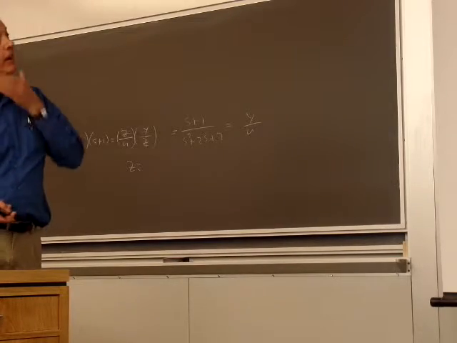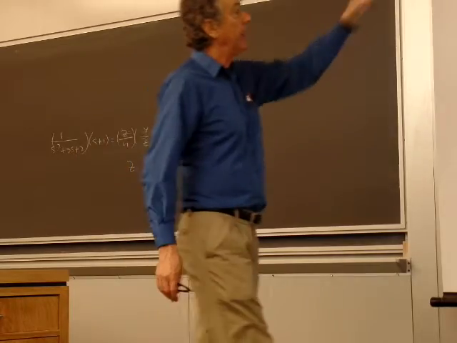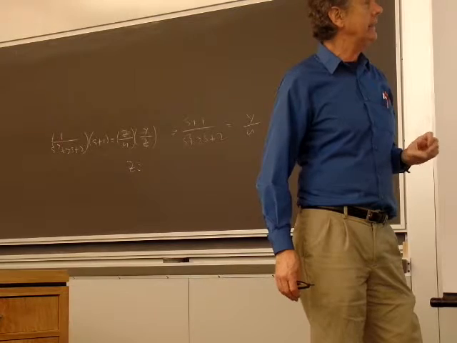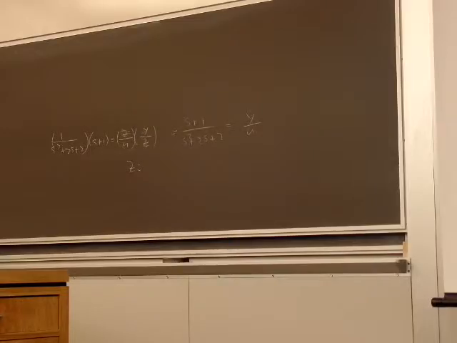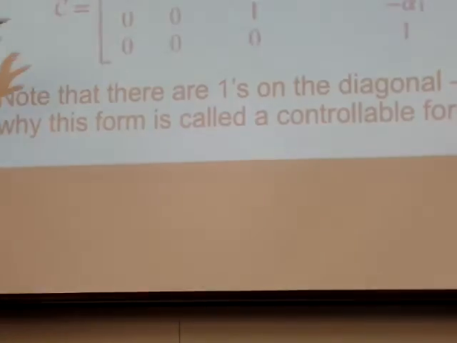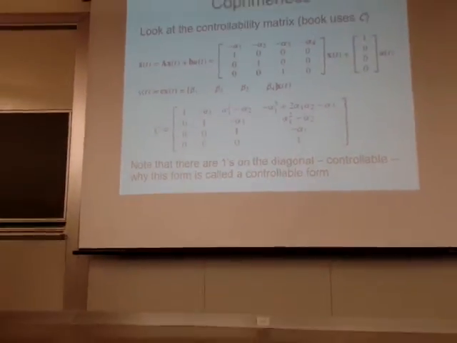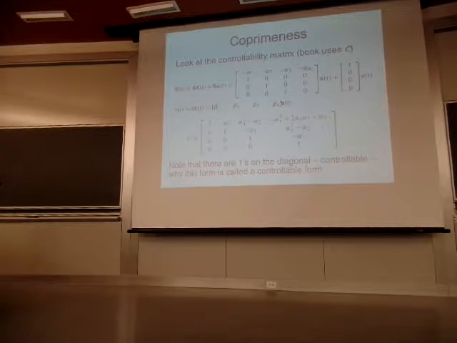All right. So if you look at the controllability matrix for this thing, notice it's in controllable form. You'll see something interesting shows up: we'll get these ones in the diagonal. All these other coefficients show up in either the upper or lower triangle depending on what form they have. So if I have all ones in the diagonal, what can I say about the rank of this matrix? It's 4.